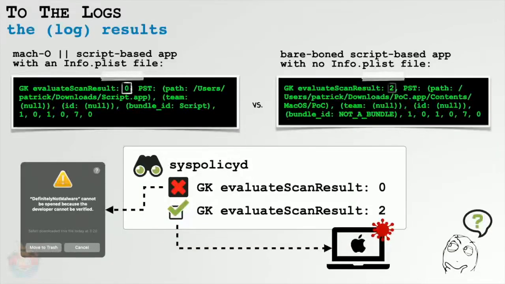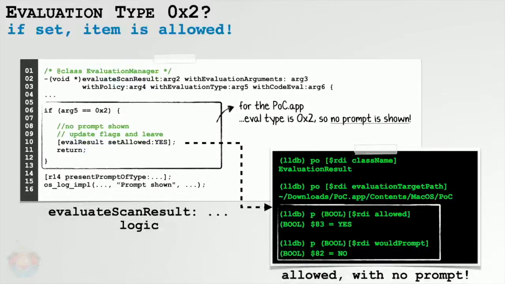So, summary based on the log messages: if we run a Mach-O-based application or a script-based one that has an info.plist file, Gatekeeper will return an evaluation type of 0 and block the application. However, for the bare-bones script-based application, we get a GK evaluation result of 2, which for some reason allows the application to execute.